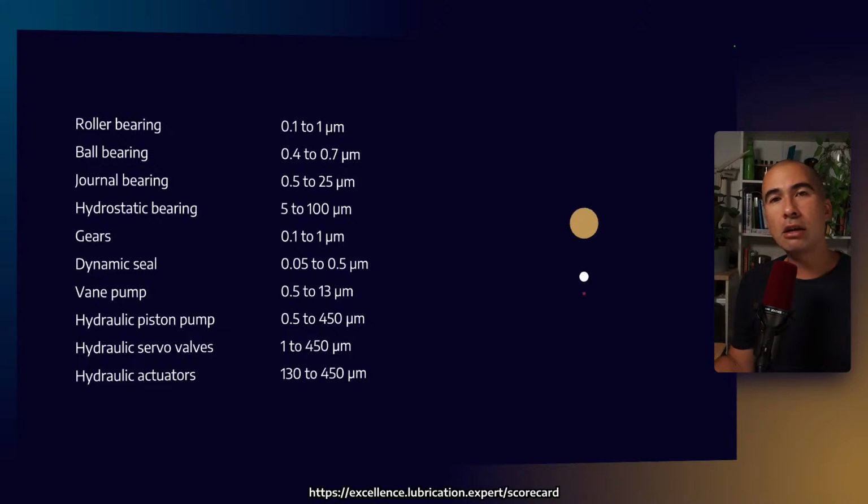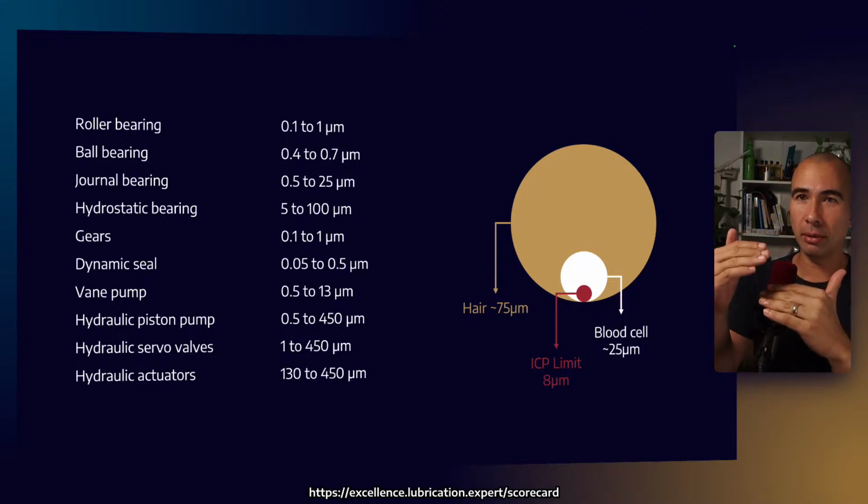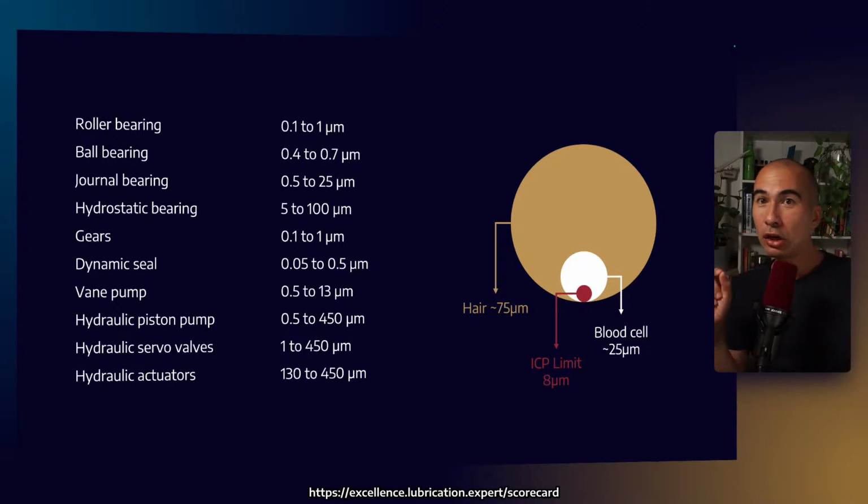Now, to give you an idea of how big a micron is, a hair. Okay, I'm not an expert on hair, but a hair is about 75 microns. A white blood cell is about 25 microns, and the detection limit in your oil analysis is typically around 8 to 10 microns. So incredibly small tolerances we are talking about. That's one of the things that absolutely blows my mind about the lubrication world. Think of a gas or a steam turbine.